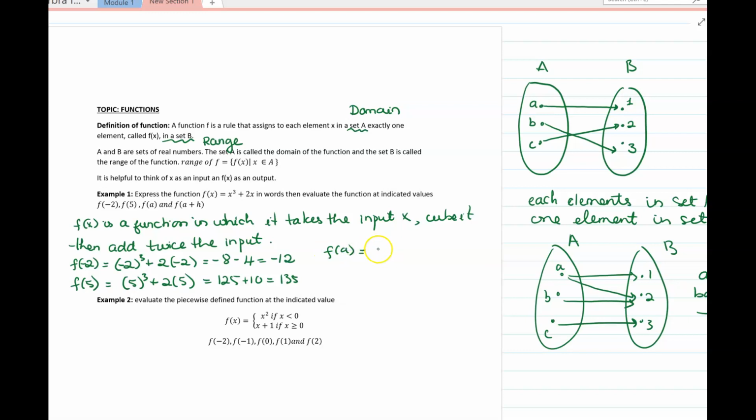f of a. The input now is a. So we take the input, cube it, then add twice the input. f of a plus 8. You take the input, cube it, plus twice the input.